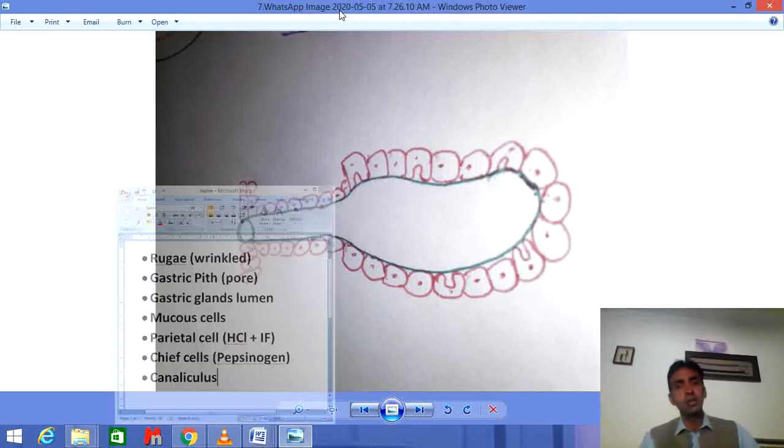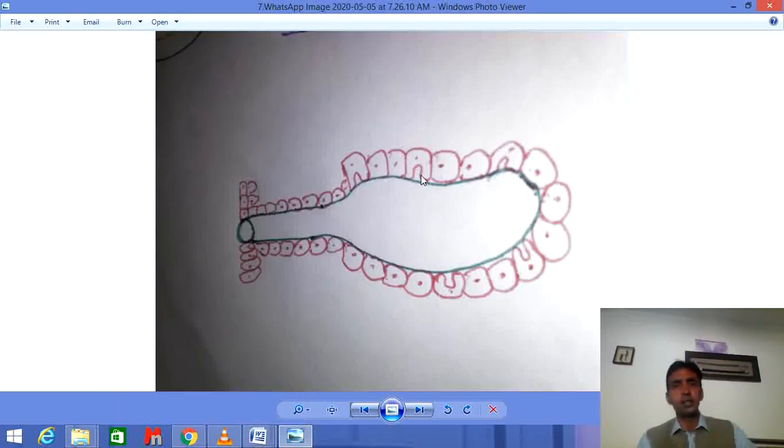Each parietal cell consists of one or more canaliculi. The HCl and intrinsic factor are first secreted in the canaliculi, and from the canaliculi they go to the gastric gland lumen. From the gastric gland lumen they go to the neck, and from the neck to the gastric lumen, to the stomach.